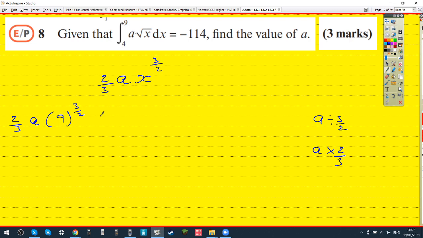Well, I did 9 to the power of 3 over 2, I got 27. And then could you use 2 over 3 or not? Because is that one integer, a and 2 over 3? Yeah, that's all one thing. And for the purposes of your calculator, you can let a be 1 and just remember to put it back in at the end.